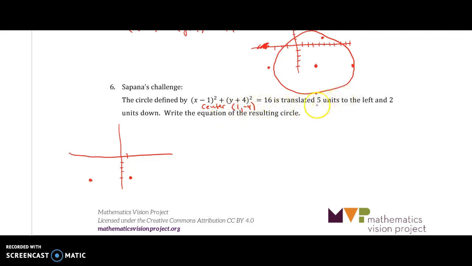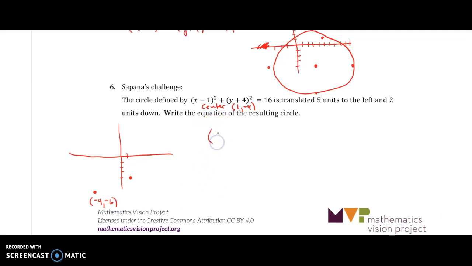And if I go 2 units down, right? Oops, let me erase that. So if I go left 5 units and down 2, where does that put me? Well, left puts me at -4, and if I go down 2, it goes to (-4, -6).